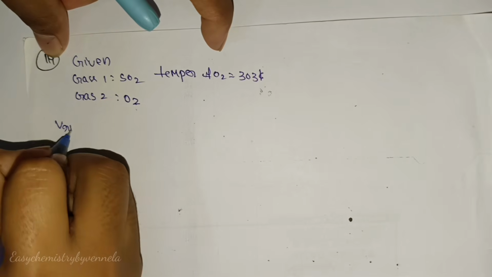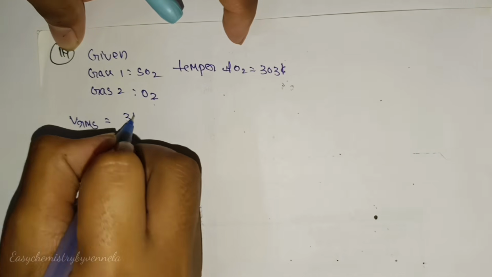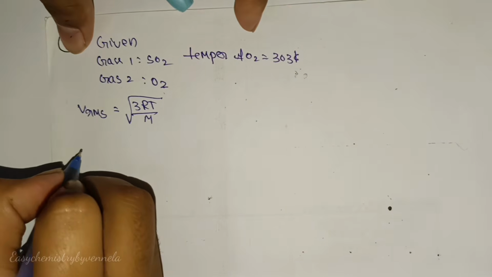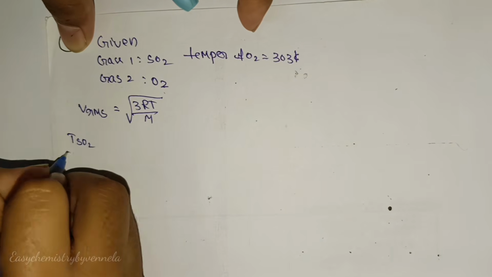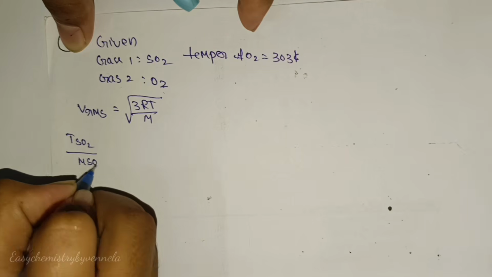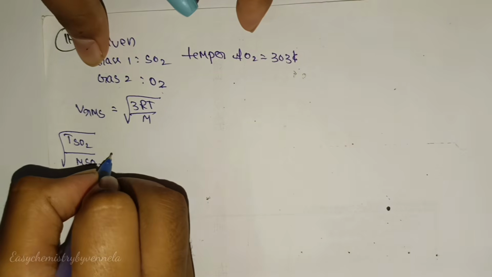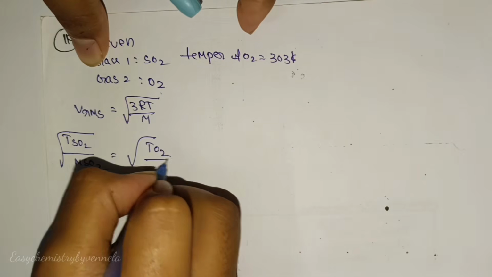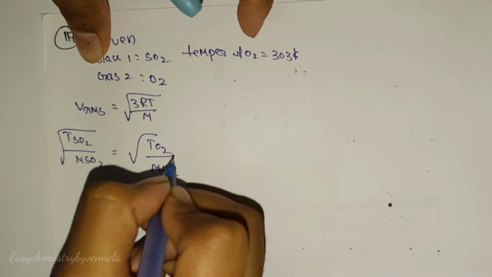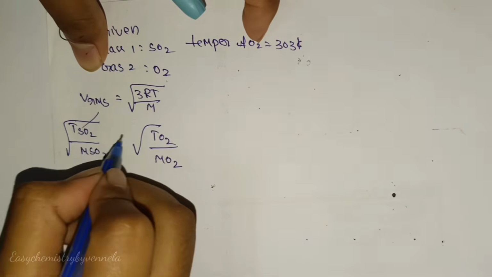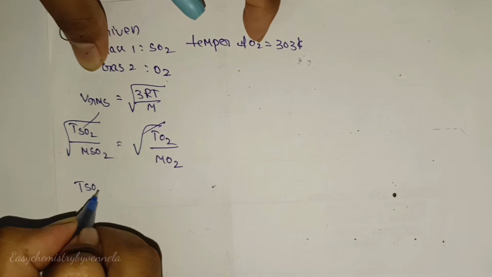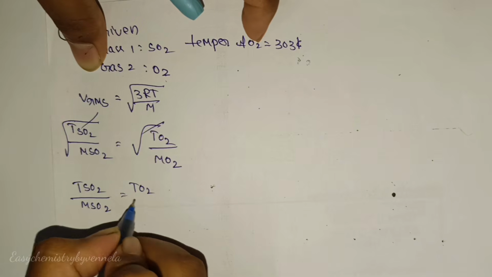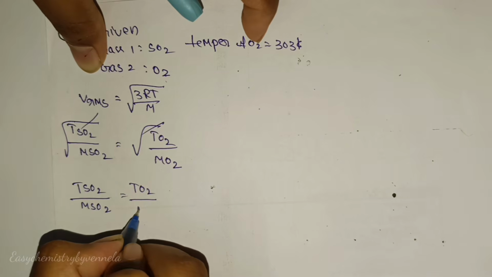The formula is V_rms = root of 3RT/M. For equal RMS velocity, root of T_SO2/M_SO2 equals root of T_O2/M_O2. Root cancels. T_SO2/M_SO2 is equal to T_O2/M_O2.